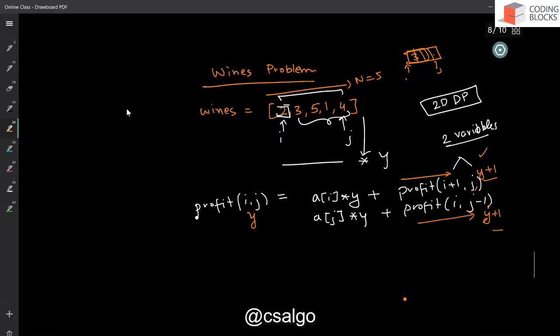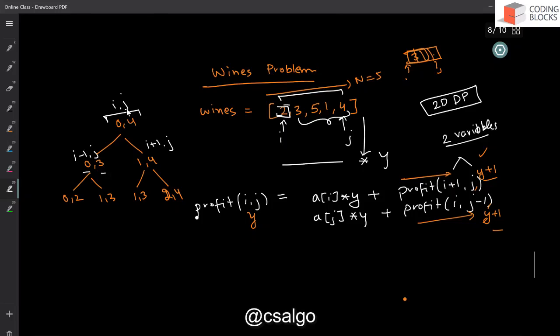Because if you say this is 0 to 4, then we are going to make a call on 0 to 3, and a call on 1 to 4. From here you will make a call on 0 to 2, and also a call on 1 to 3. From the other branch you will make a call on 1 to 3, and on 2 to 4 also. In the function call, the state of i and j is changing: if you do i minus 1, j you get these values, and if you do i plus 1 and j you get these values.